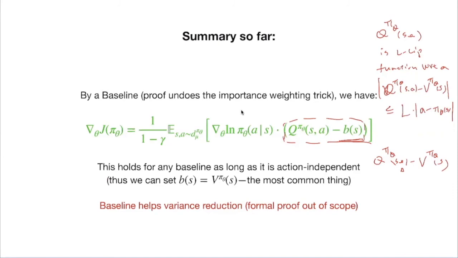So hopefully this is a small number. Hopefully our system is well behaved, in the sense that if you change the action a little bit, the value is not going to change, right?